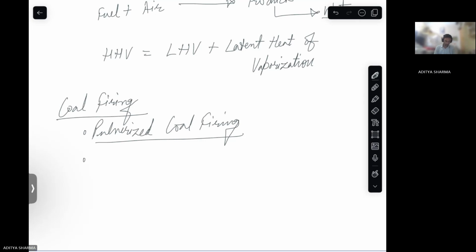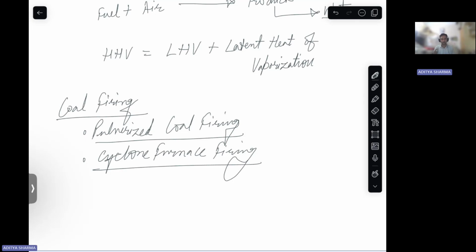Then is your cyclone furnace firing. So what do we do here? By means of centrifugal motion, we try to better mix our fuel, that is coal, with air, right?